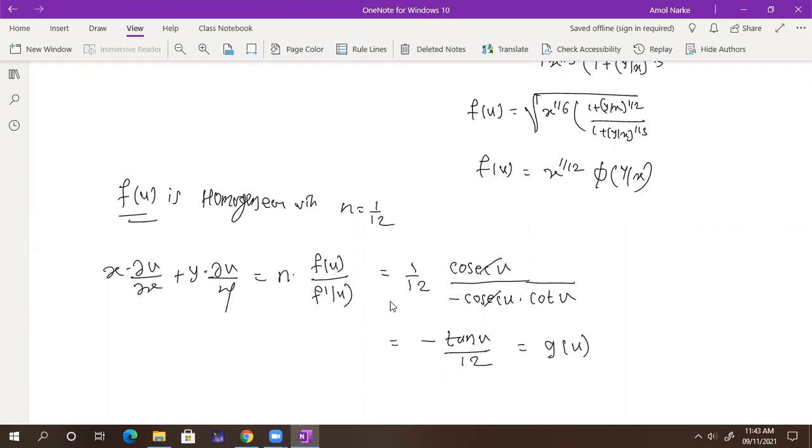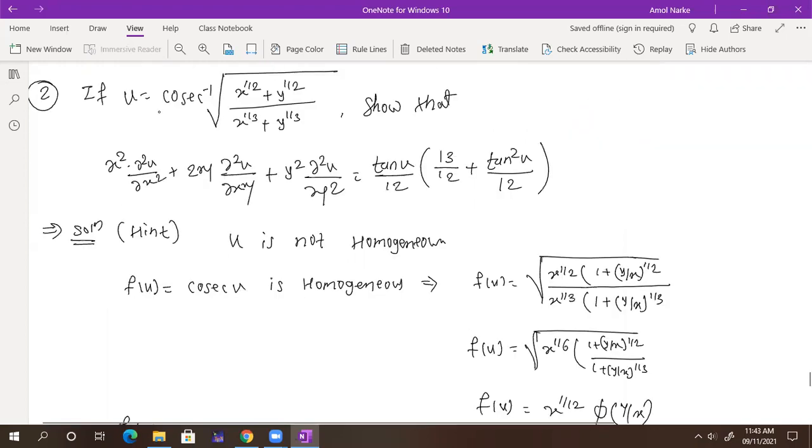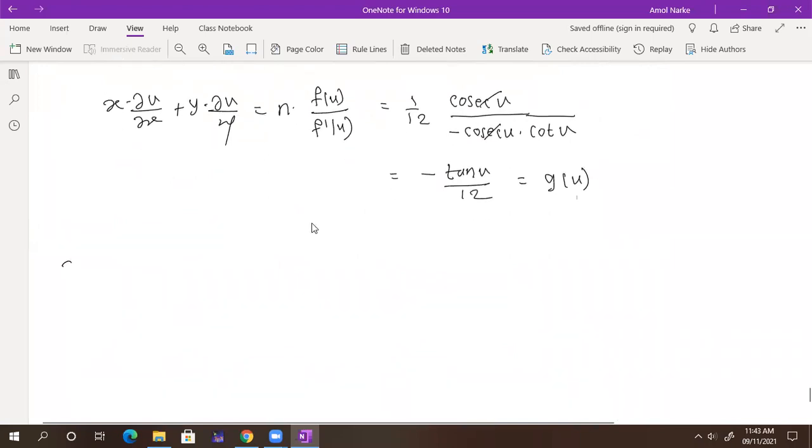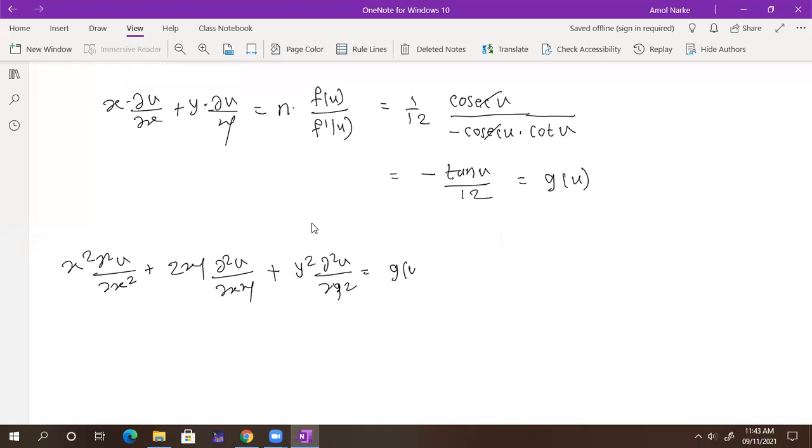Yes or no? Yes, sir. Now you need to find out what this term is. What is the value of this now? You know already. So x square into del 2 u divided by del x square plus 2xy del 2 u divided by del x del y plus y square into del 2 u divided by del y square is equal to what? g of u into g dash of u minus 1.